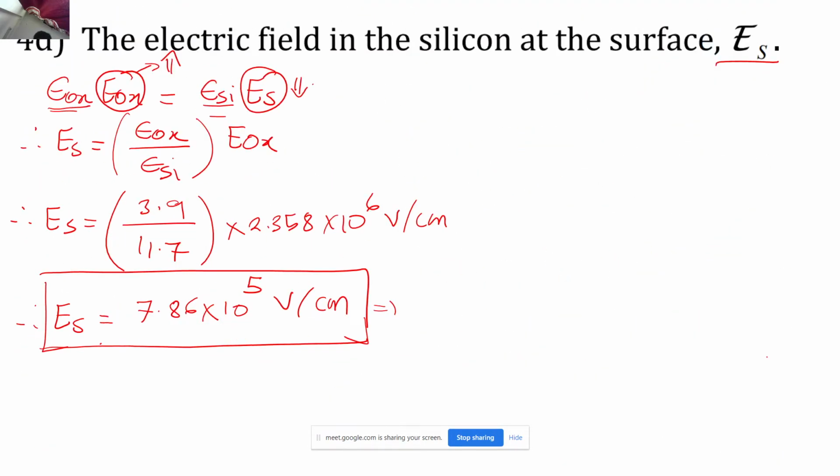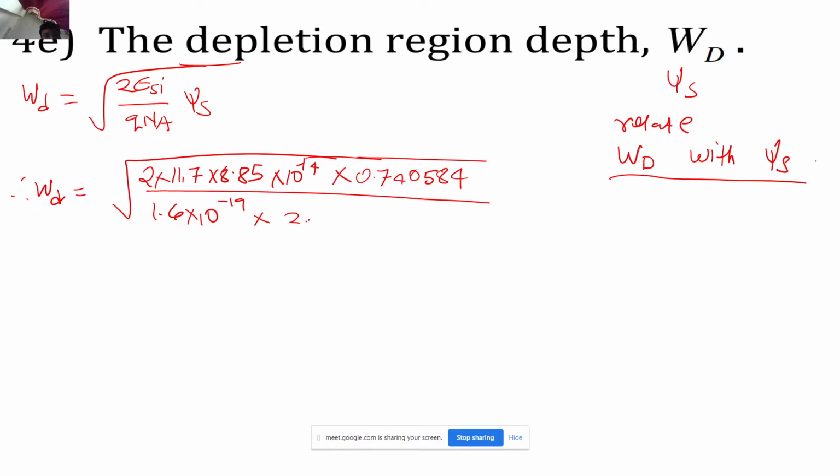If you calculate this, the depletion width comes out to be 1.93 into 10 to the power minus 6 centimeter, or 19.3 nanometers.